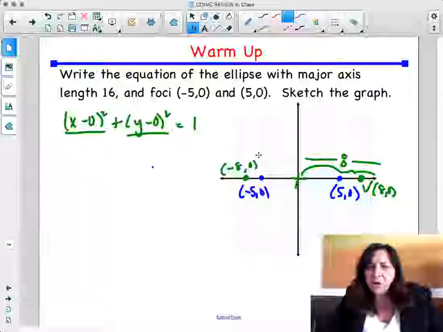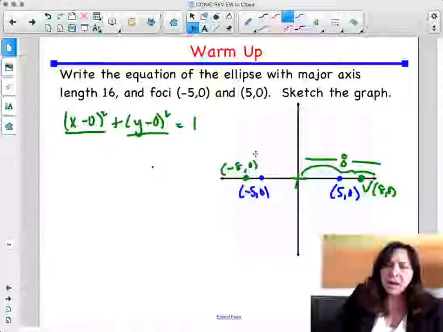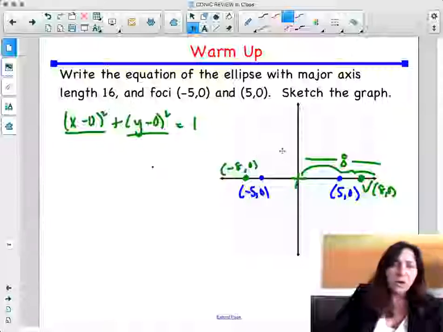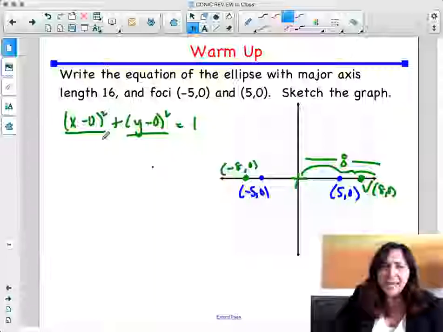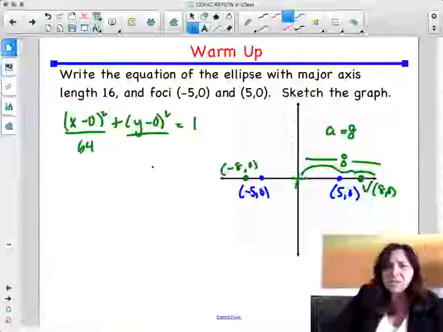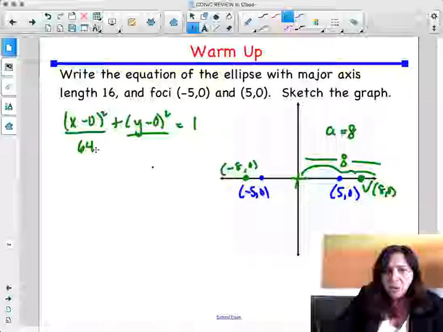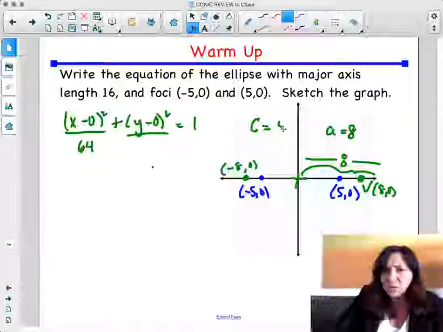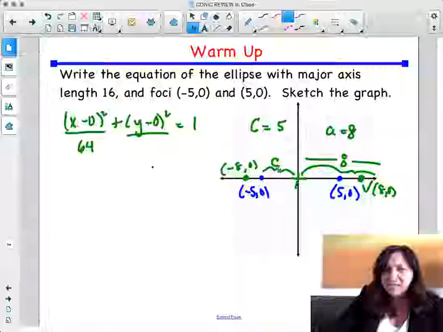Because my focal points are on my x-axis, 8 going to the left and right, so that's going to be 64 because that's a squared. So if 8 is equal to a, then a squared is 64, and that has to go underneath the x term. Now we also know that c is equal to 5 because this distance from here to here is my c distance, and that's 5.